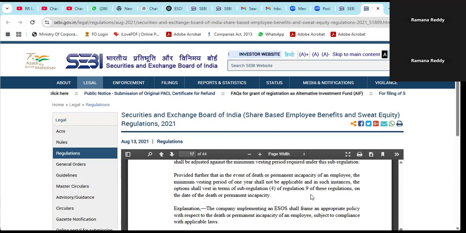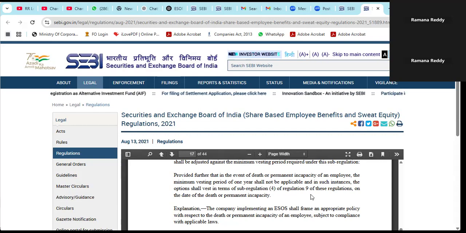The company implementing the employee stock option scheme shall frame an appropriate policy with respect to the death or permanent incapacity of the employee, subject to compliance with applicable laws. In case the employee dies during the tenure, or there is permanent incapacity, there is no need for a waiting period.